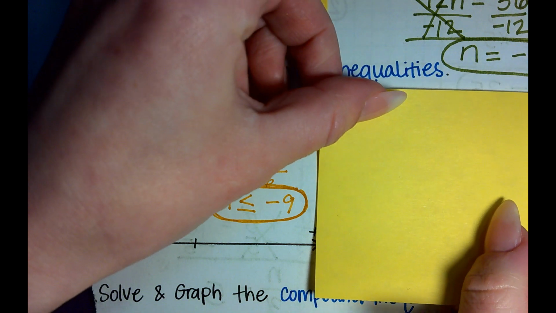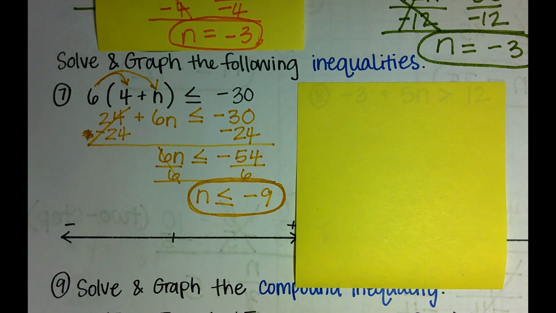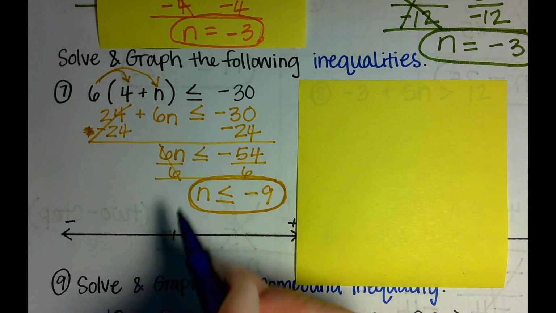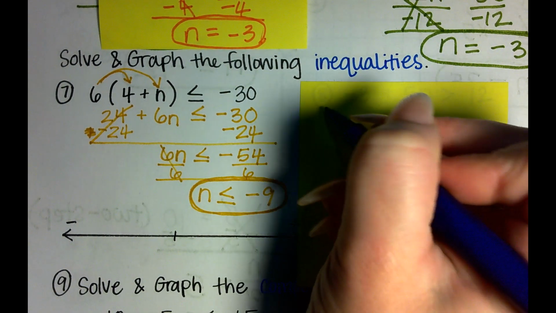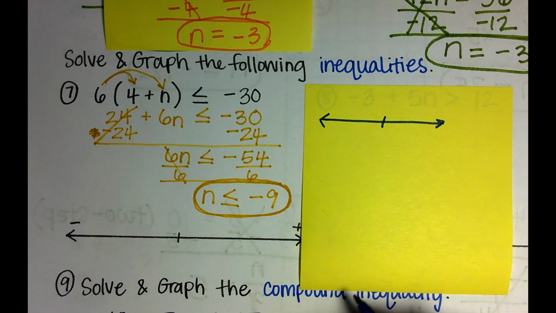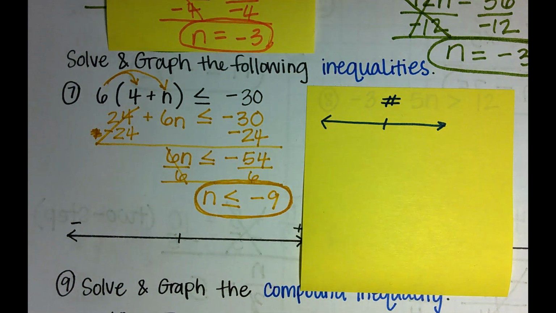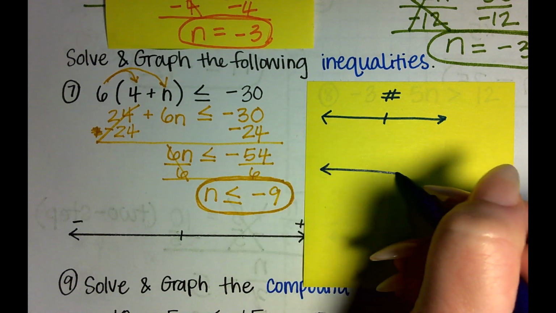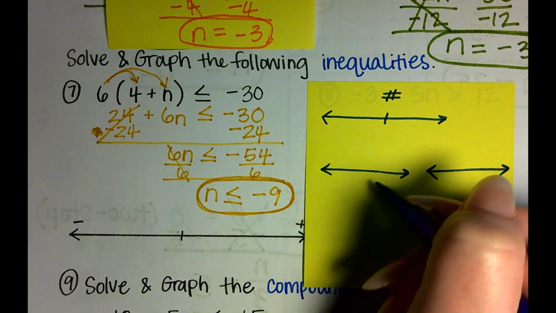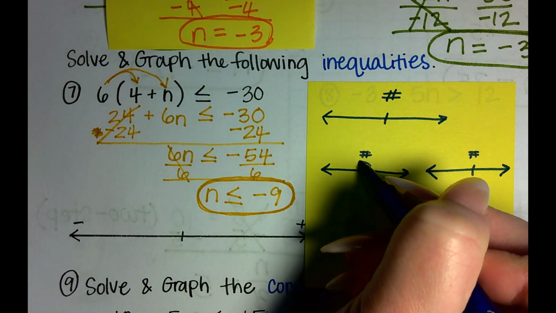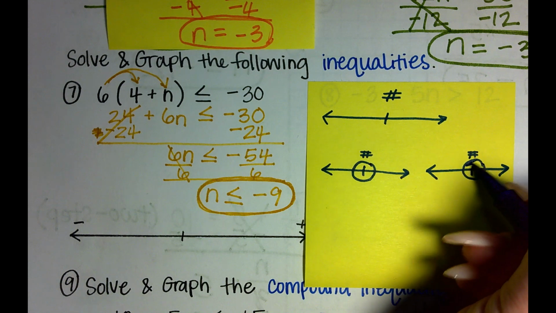So I'm going to give us a little guide for graphing on here, just as a refresher. Might not be a bad note to take on your practice final, but optional, of course. Once you've solved your inequality, the next thing we do is put the number above the tick mark. After that, we decide: should we have an open circle or a closed circle?